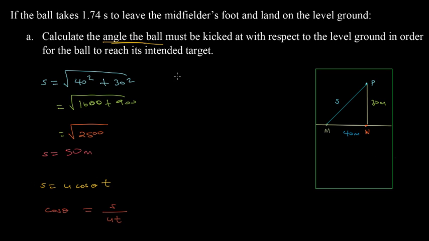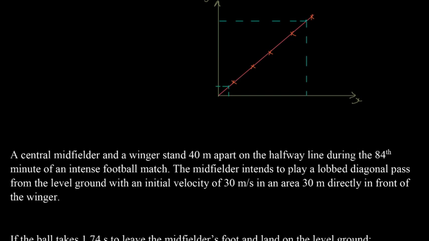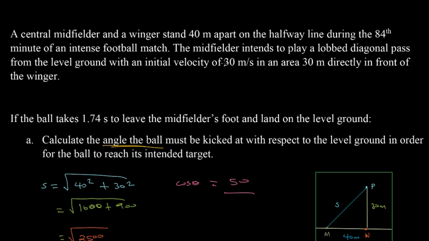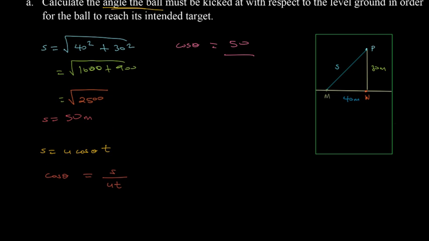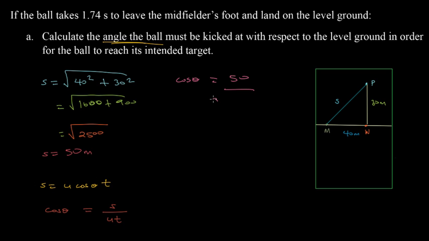So moving this up here, we can write that cos theta is equal to 50 divided by u. U again was 30 meters per second, which is the initial velocity. So this becomes 30 meters per second multiplied by t, which is 1.74 seconds.